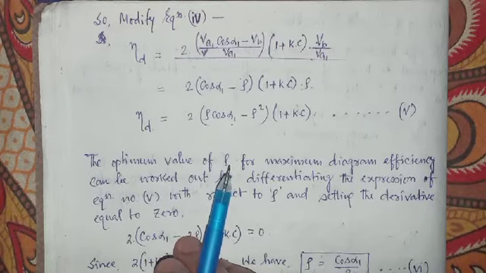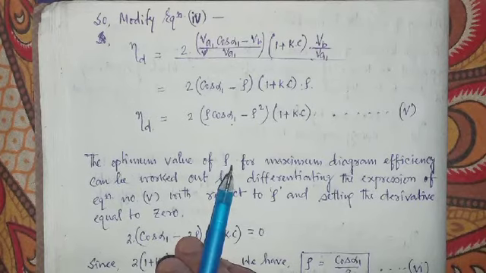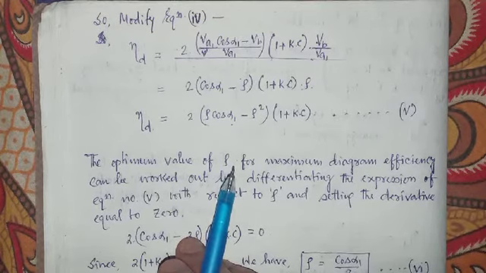Means whenever alpha 1 equals 0, the work done will be maximum. Now in actual practice alpha 1 cannot be kept 0, as the turbine wheel has many blades and each has to receive the steam in succession.